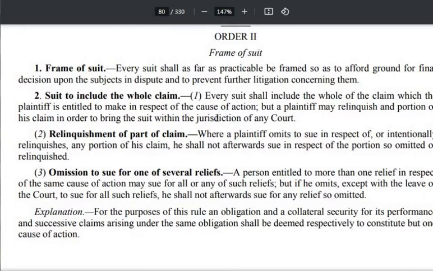If you read the first and second clause again, every suit shall include the whole of the claim which the plaintiff is entitled to make in respect of the cause of action, but a plaintiff may relinquish any portion of his claim in order to bring the suit within the jurisdiction of any court.